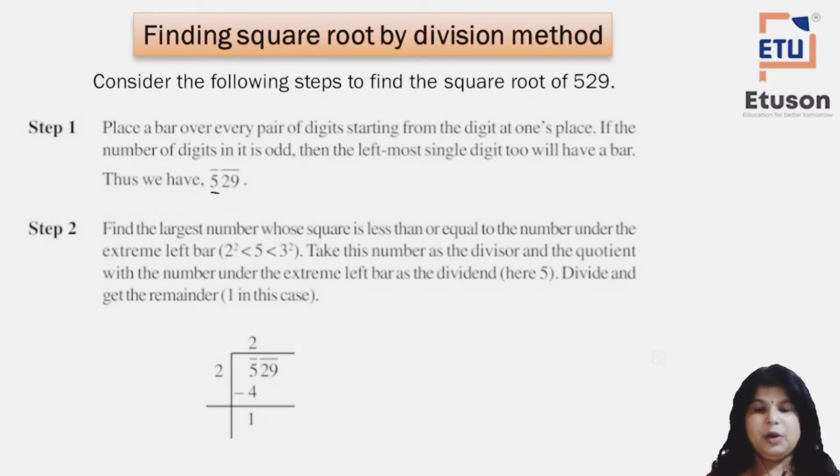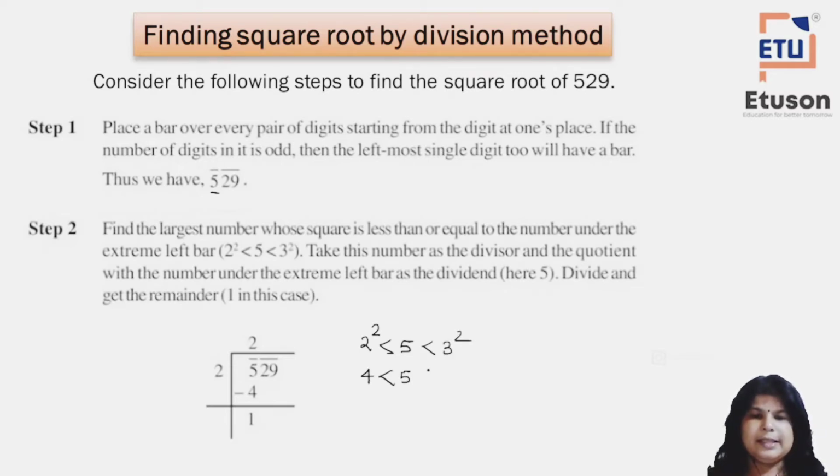So you have 5, and 5 is more than 2 square and less than 3 square, right? So 4 is less than 5 whereas 9 is greater than 5. So you can take only 2 here. So we have taken 2.